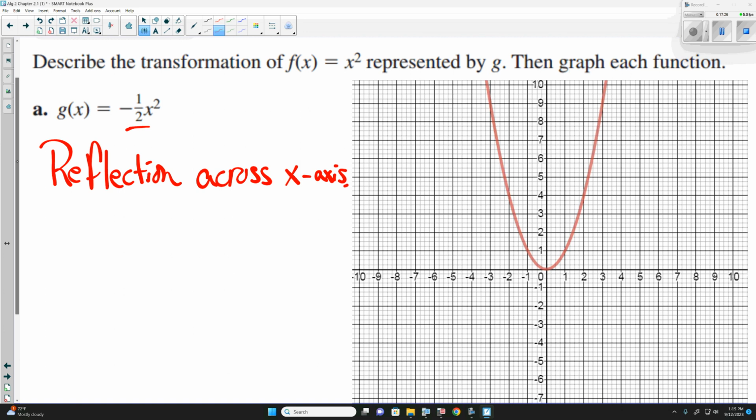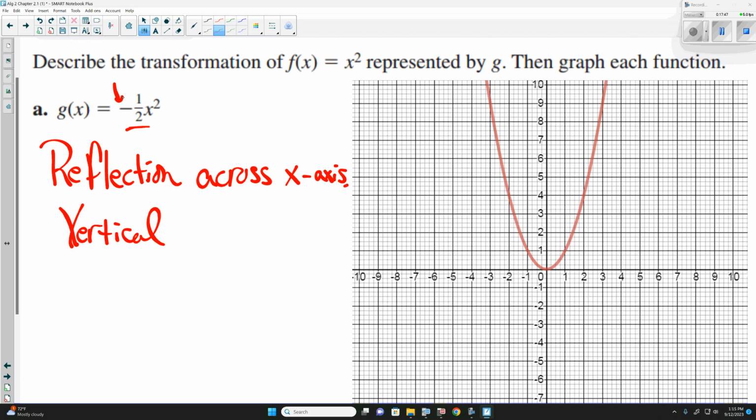Now, as you were saying earlier, the 1/2 is vertical. Because again, we don't have parentheses, so it's understood to be outside the parentheses. So we're looking at the 1/2. The negative is purely talking about the reflection. So we're looking at 1/2. Is 1/2 greater than 1 or between 0 and 1?